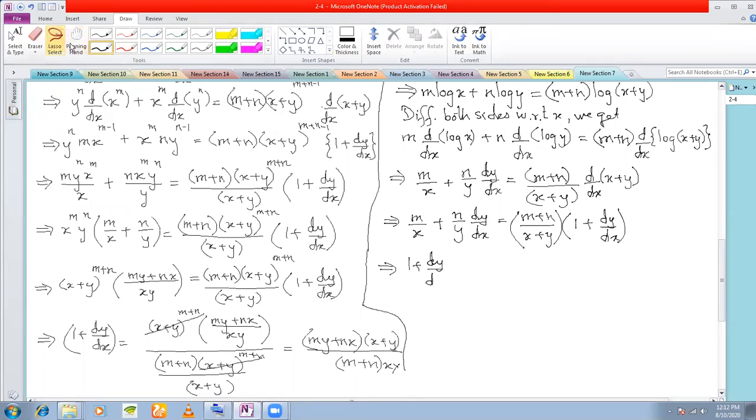Or take the dy/dx together: m by x plus n by y dy/dx is equal to m plus n by x plus y plus m plus n by x plus y dy/dx.